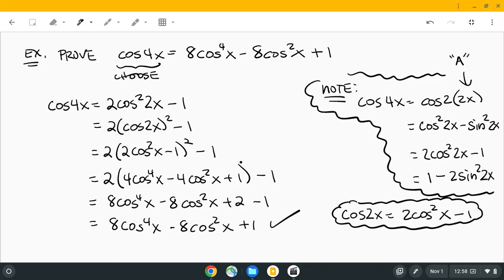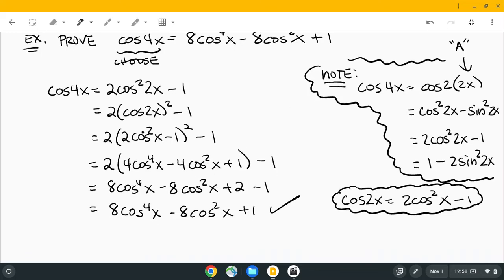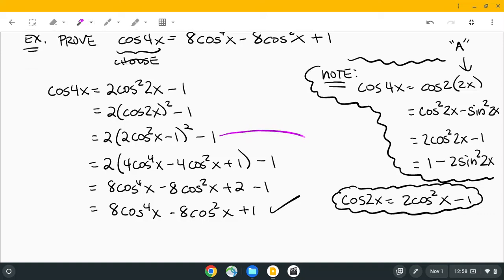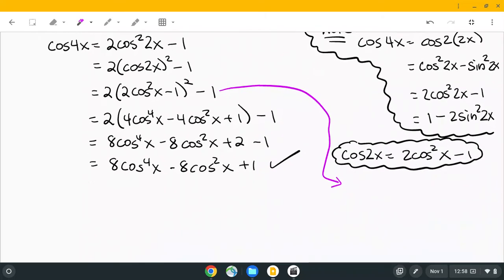If you're wondering how I got this part over here, remember that to square this means 2 cosine squared x minus 1 times itself. Let me put a little arrow here for those of you who are wondering what I did in this step.